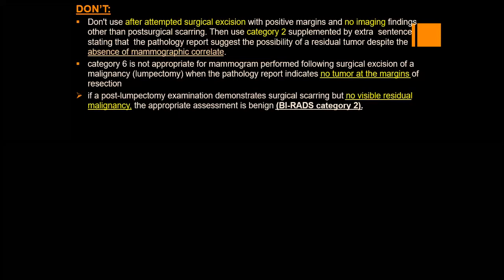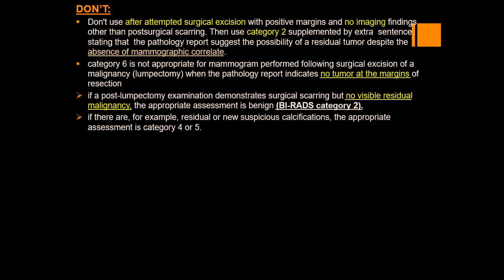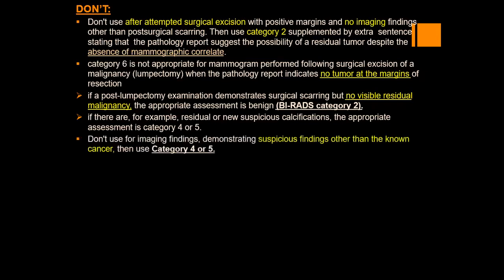And if post-lumpectomy examination demonstrates surgical scarring but no visible residual malignancy, then we report it as BI-RADS 2. And if there are, for example, residual or new suspicious calcifications, then the appropriate assessment will be BI-RADS 4 or 5 because they need more actions, they need biopsy. So we are not going to report it as BI-RADS 6.